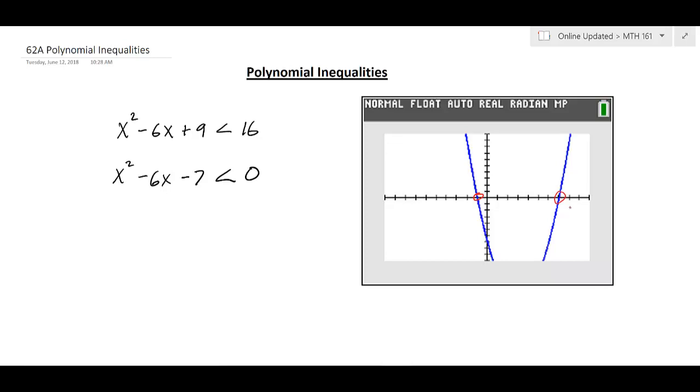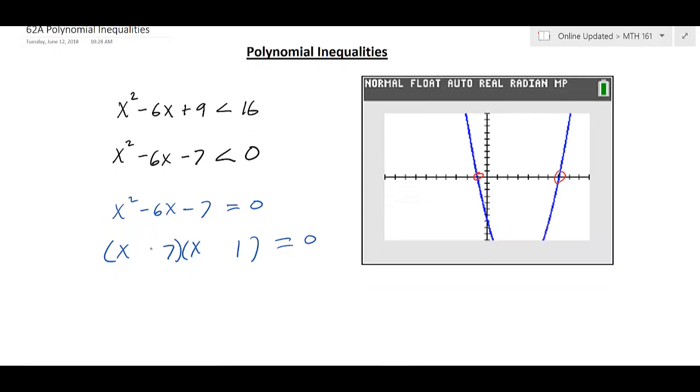So if this was a polynomial equation where we just had x squared minus 6x minus 7 equals 0, if you were to factor this, you would end up with the factors x and x, with a negative 7 and a positive 1. So if we set these equal to 0, we would get x equals 7 and x equals negative 1. So that's where the graph crosses the x-axis.